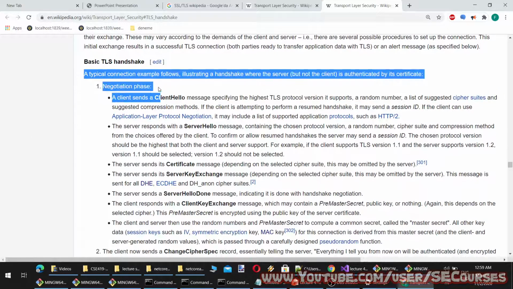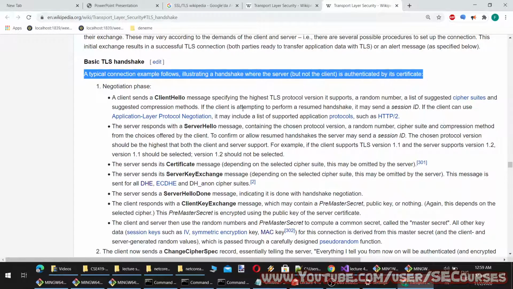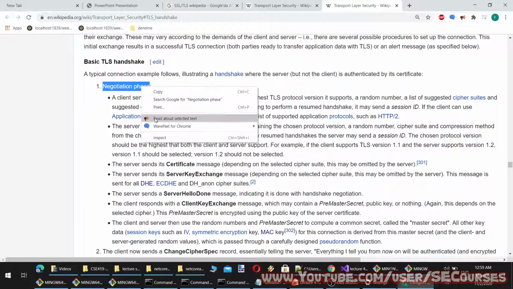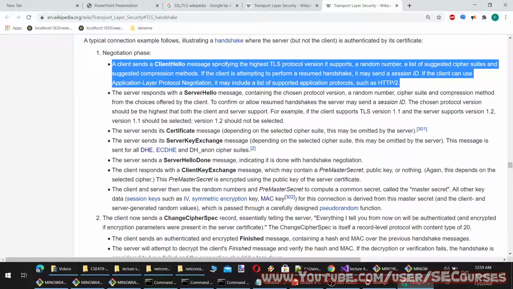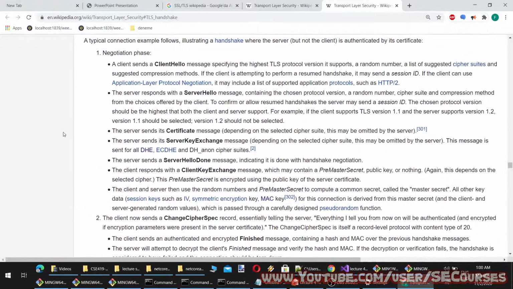Okay, so there are some pages. A typical connection example follows, illustrating a handshake where the server, but not the client, is authenticated by its certificate. Negotiation phase. Okay, so these are the phases.